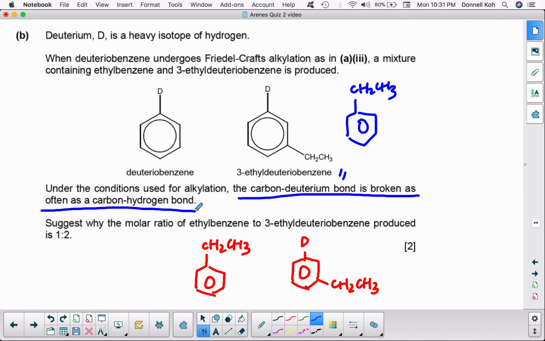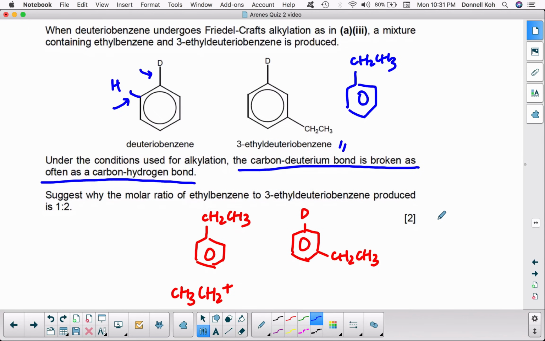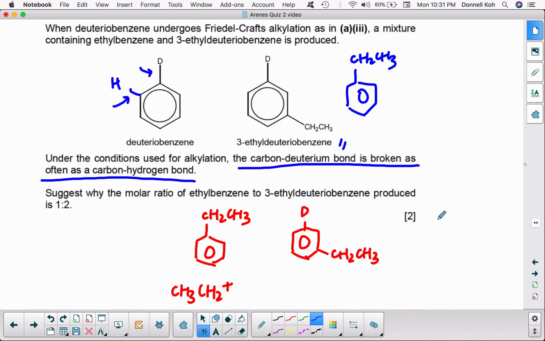What it means is this carbon-deuterium bond can be broken as easily as any of the carbon-hydrogen bonds. So why is the molar ratio of these two 1:2? That's the question, so let's see why that's so.